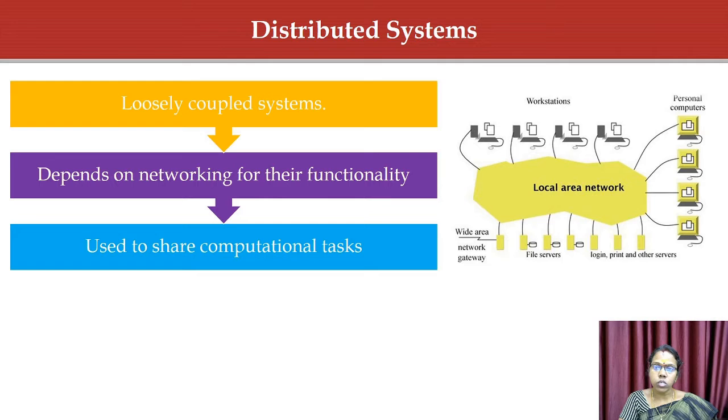The systems differ in size and can perform different tasks to speed up the working. A distributed operating system mainly depends on networking for its functionality, so it is mainly used in local area networks, wide area networks and metropolitan area networks.